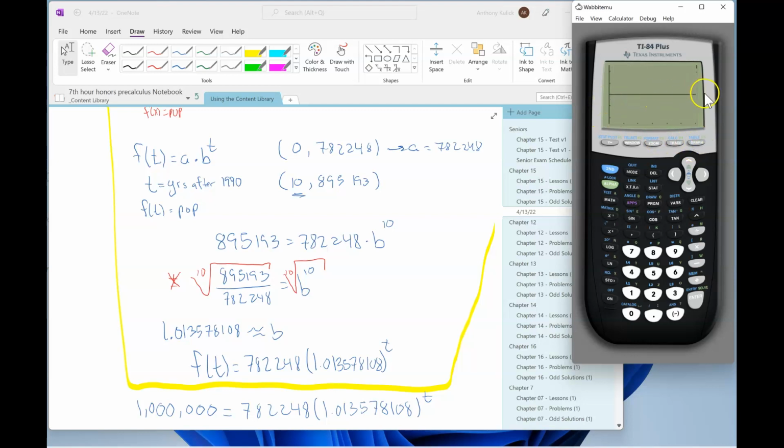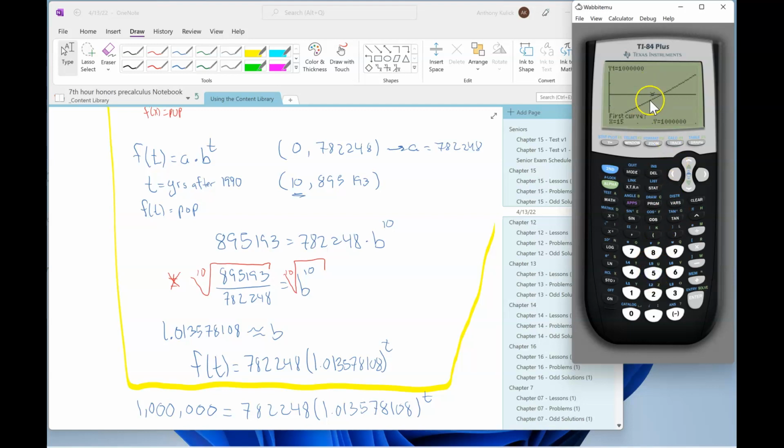Here's my line for 1 million. Here's my population curve. There's my point of intersection that I care about. How do I find the point of intersection on my calculator? Second trace. The command I'm looking for is intersect.